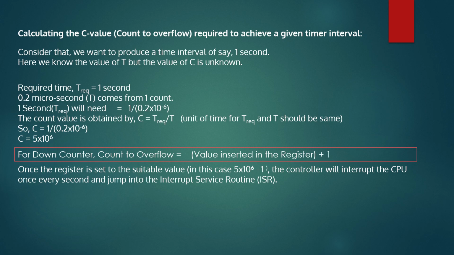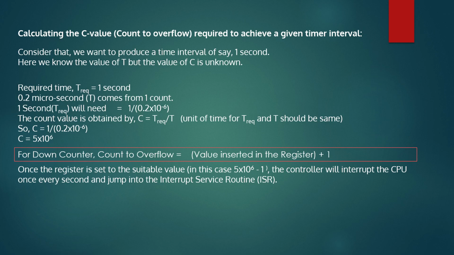Now for a down counter, the count to overflow is equal to the value inserted in the register plus 1. Once the register is set to the suitable value, in this case 5 into 10 to the power 6, minus 1 due to the 1 clock, the controller will interrupt the CPU once every second and jump into the interrupt service routine.